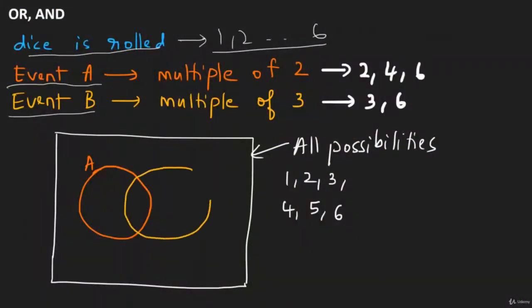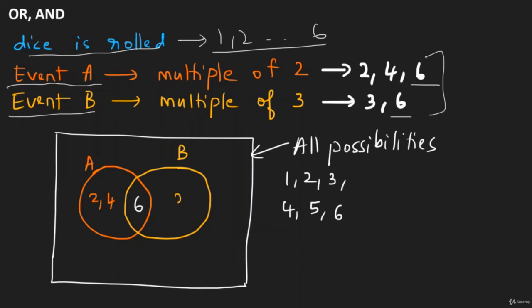That's like this, right? Over here you can see that there is an intersection between event A and event B, right? Why is that so? You can see that one of the outcomes, which is getting 6, is occurring both in event A and event B. That's why we draw it like this, where there is an intersection between event A and event B. Alright, now let's mark these outcomes inside their respective events.